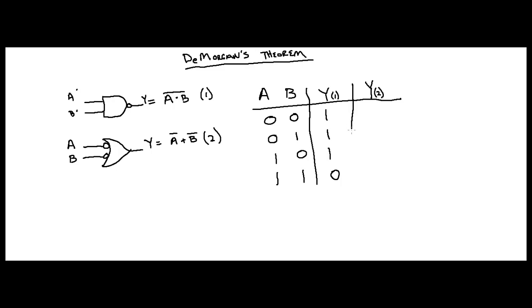Let's do the truth table for the other one, shall we? So this is what we're doing right here, A and B. If A and B are both 0 and you invert them, that means they're both 1s. That means Y will be a 1, won't it? Same thing here with 0, 1 or 1, 0. Only one of them has to be a 1, right?